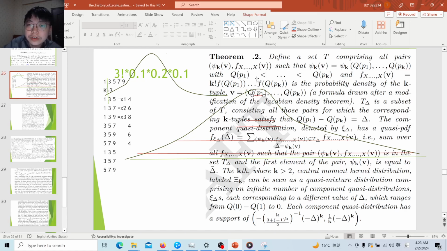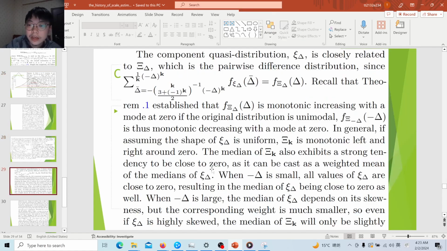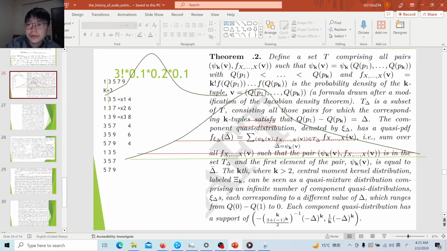When the component quasi distribution is at 0, the median is assigned a very high weight because the corresponding probability density is very high. However, when the pairwise difference is very large, the median might be very far away, even out here.